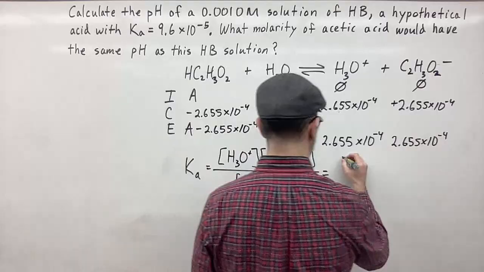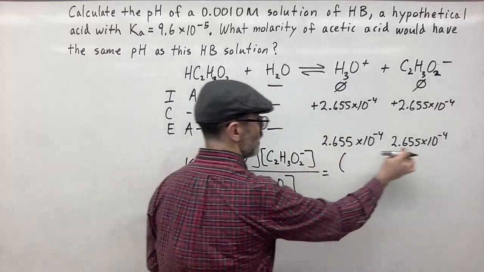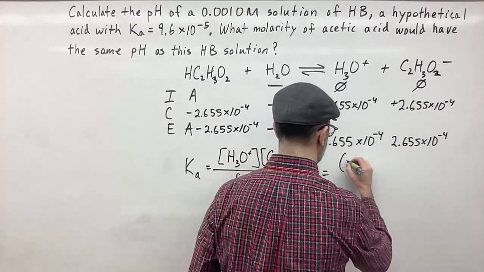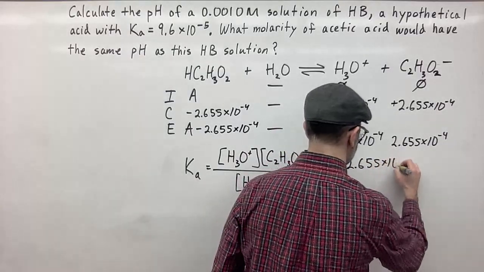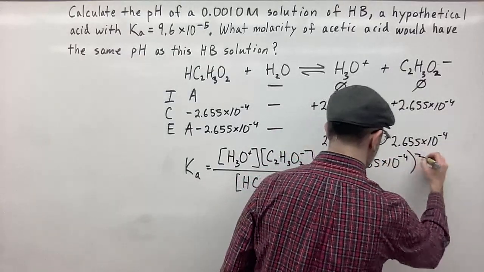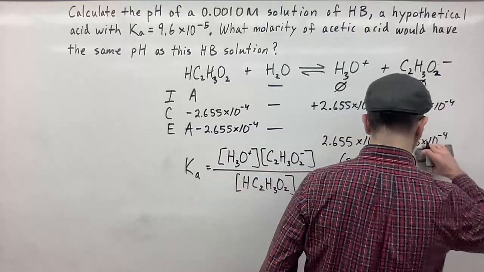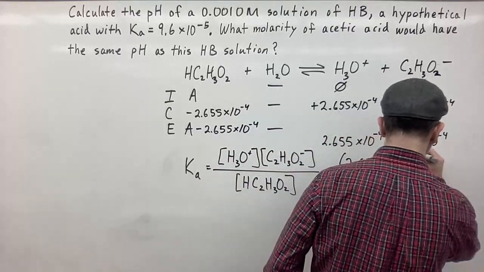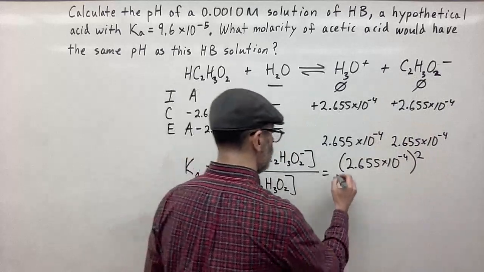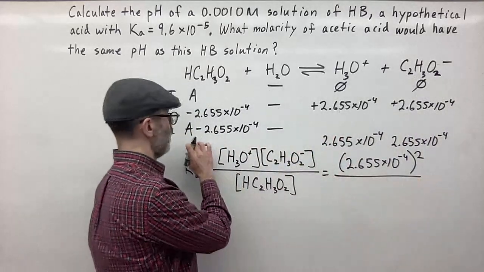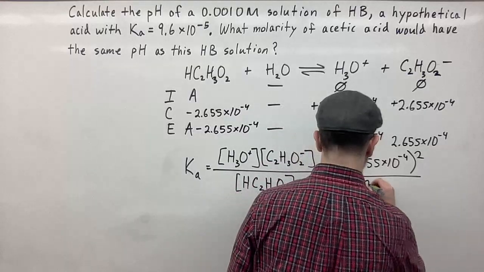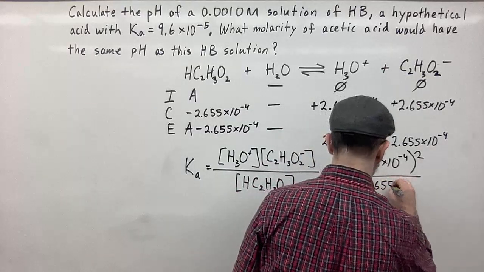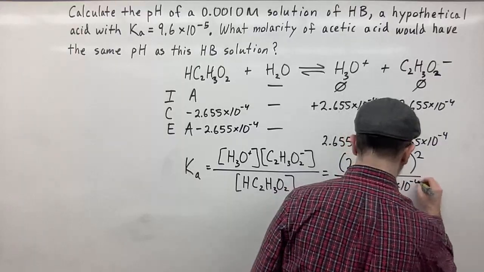Now we're going to plug in our values here. So this is going to be equal to, since these are the same and they're multiplied, that's going to be squared. So 2.655 times 10 to the negative 4 squared, divided by A minus 2.655 times 10 to the negative 4.